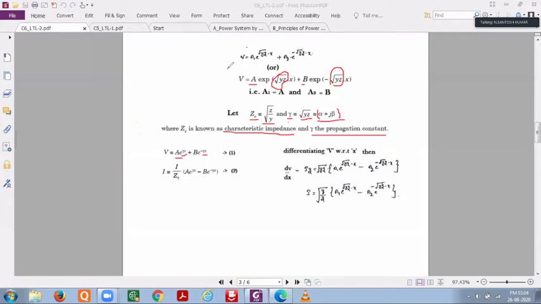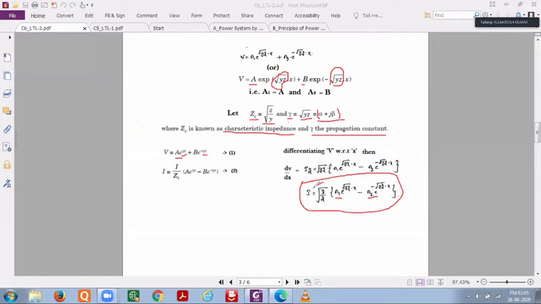What about I? You have to use this equation for I. I is nothing but the ratio under root Y by Z, and again this is A and this is B. So A e power gamma x minus B e power minus gamma x.